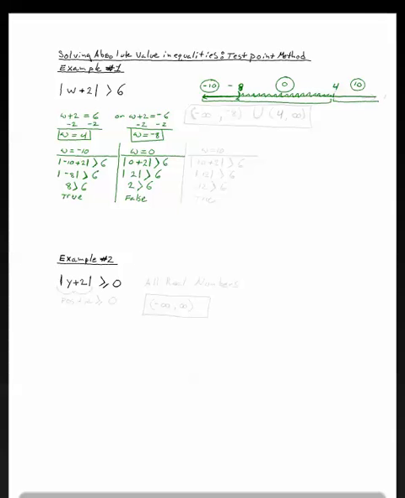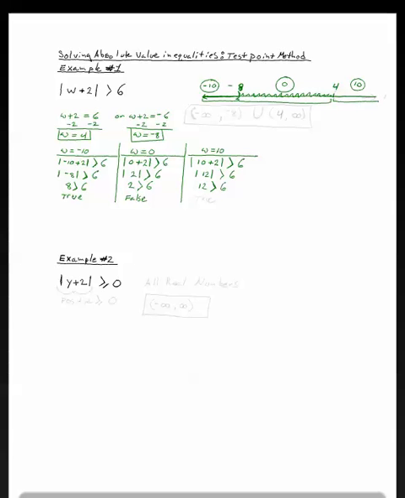So the last test point we have is w equals 10. So we plug it in. We've got the absolute value of 10 plus 2 is greater than 6. 10 plus 2 is 12, so we get the absolute value of 12 is greater than 6, which is 12 is greater than 6.